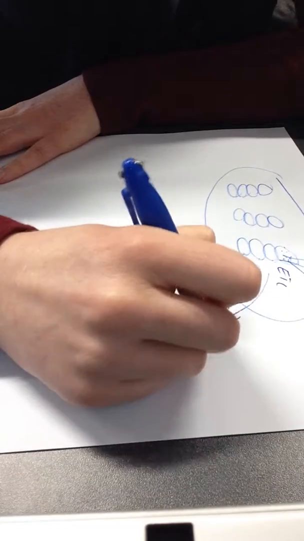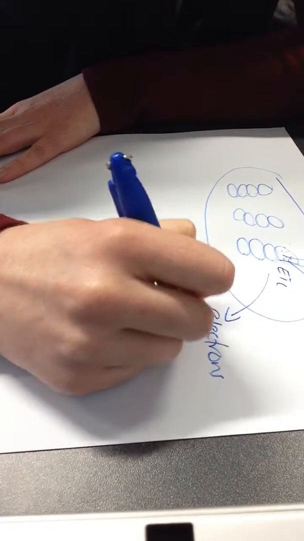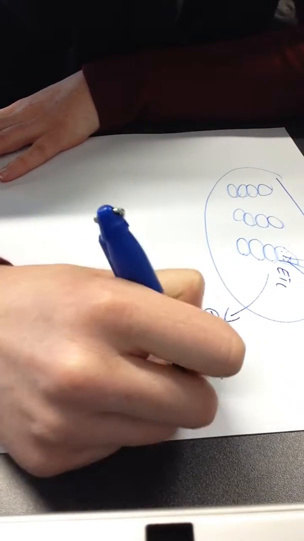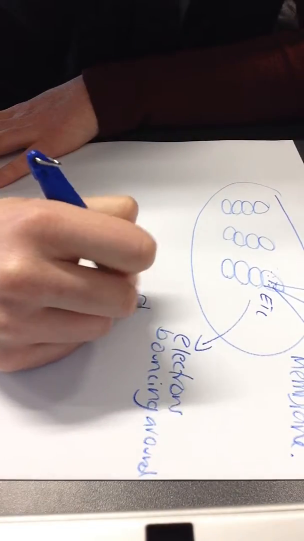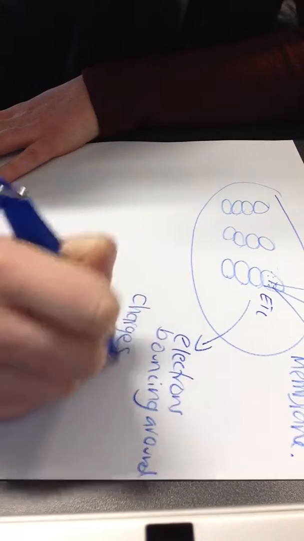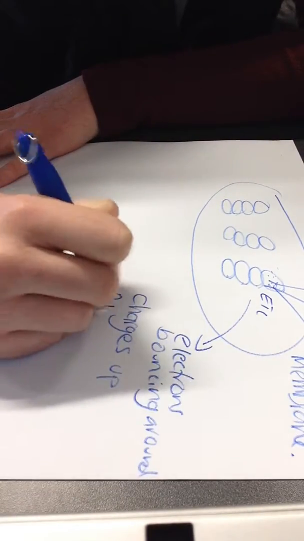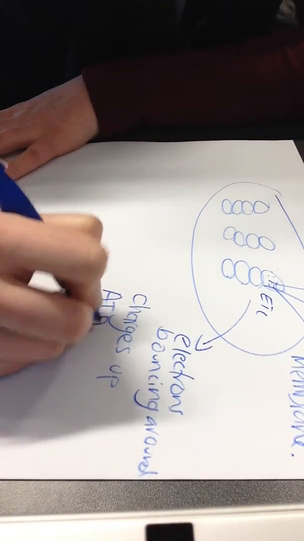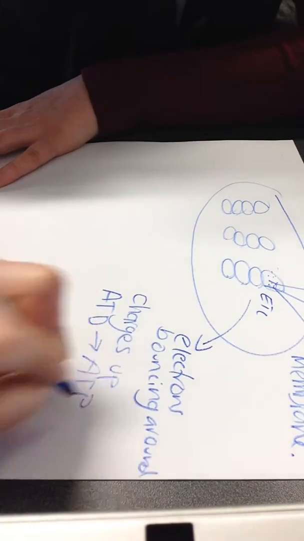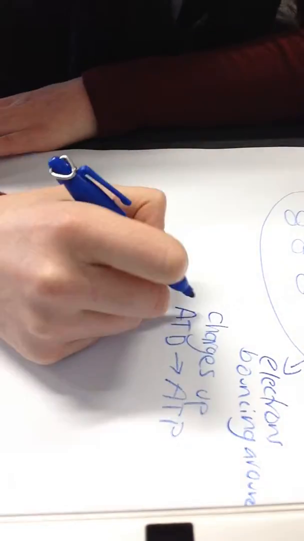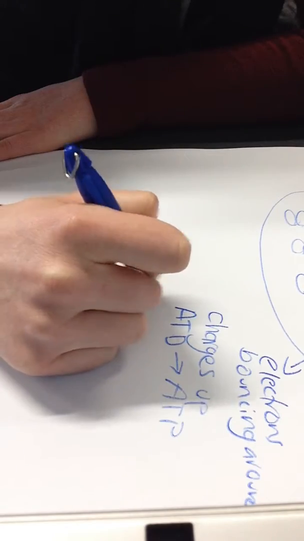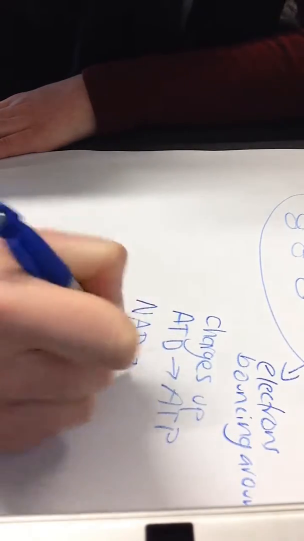Okay, so electrons are bouncing around. And what happens here is it charges up ATP, so ADP to ATP. Okay, and it also charges up NAD to NADH.